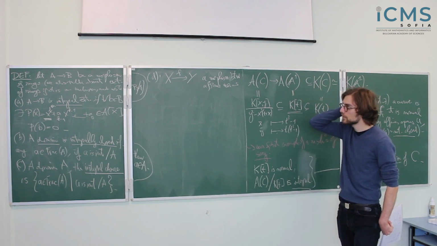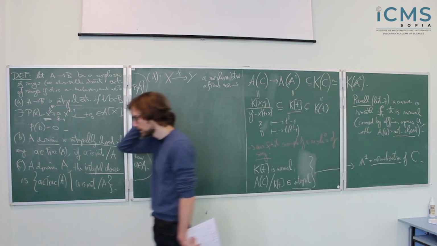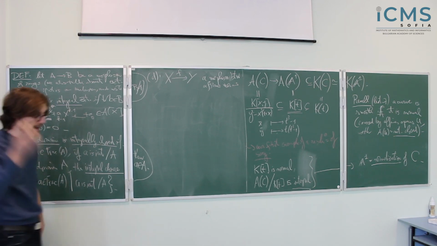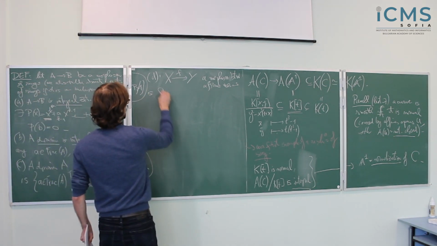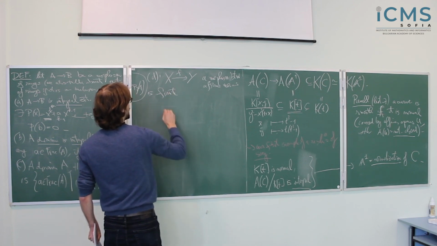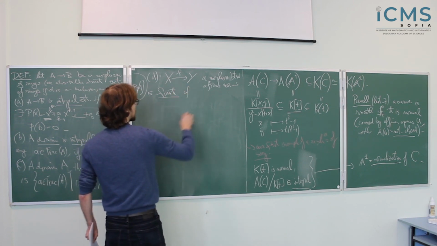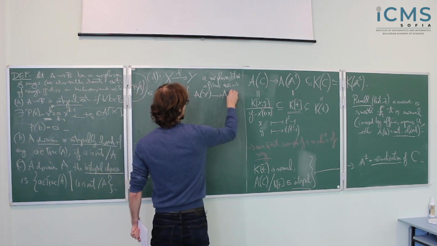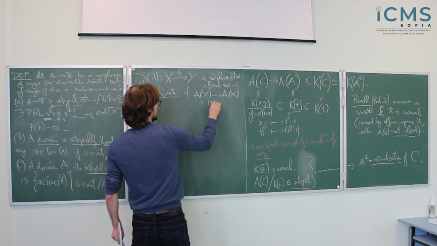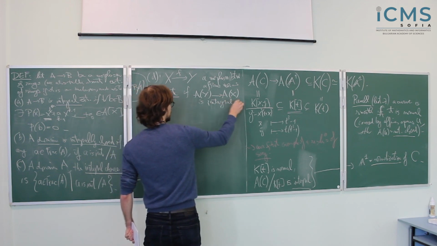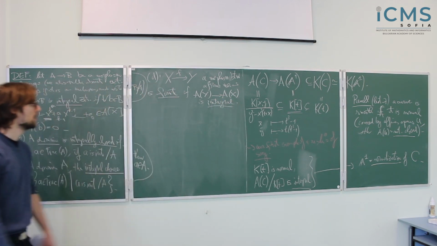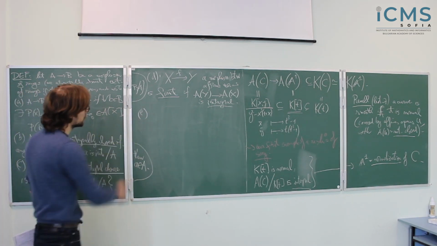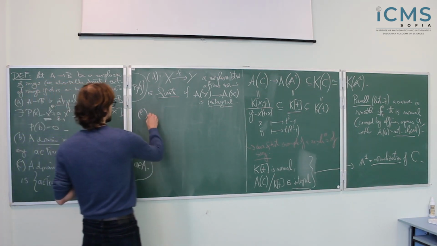A morphism between affine varieties will be called finite if the ring extension is integral.